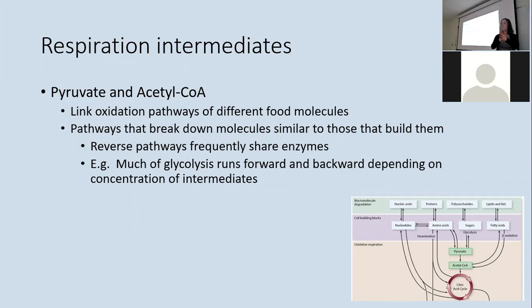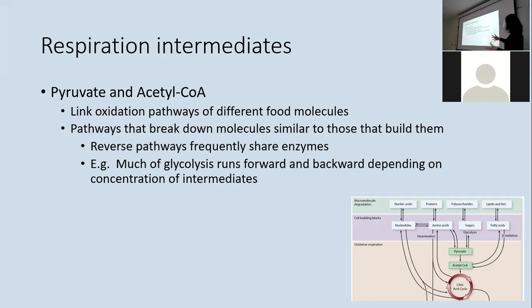And so you'll see this when you look at these metabolic processes. The enzymes and the mechanics that your body is using to break down glucose, to break down lipids, work the other way. So every reaction that breaks down glucose, your body can turn that around and build glucose. When you need to store lipids, your body can take that process that breaks down lipids, switch directions with those enzymes, and build lipids.